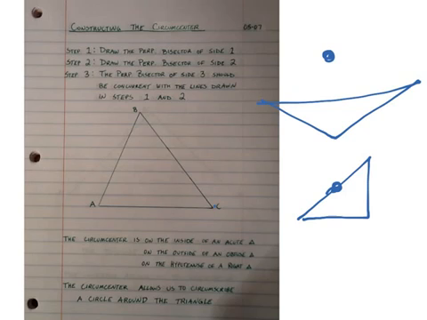The circumcenter allows us to circumscribe a circle around the triangle. So if this was our circumcenter, we would be able to make a circle with that as the radius in such a way that it touches all 3 points of the triangle. That is circumscribe.